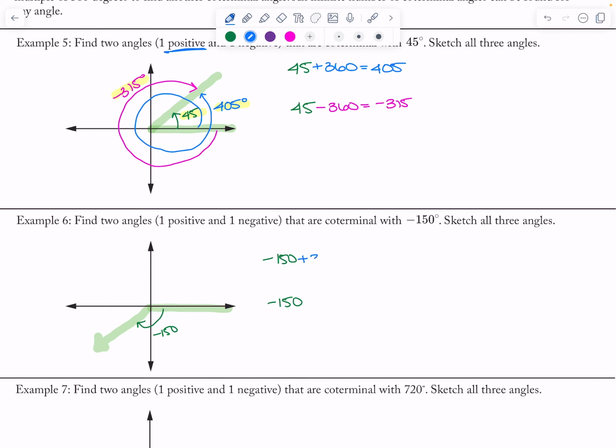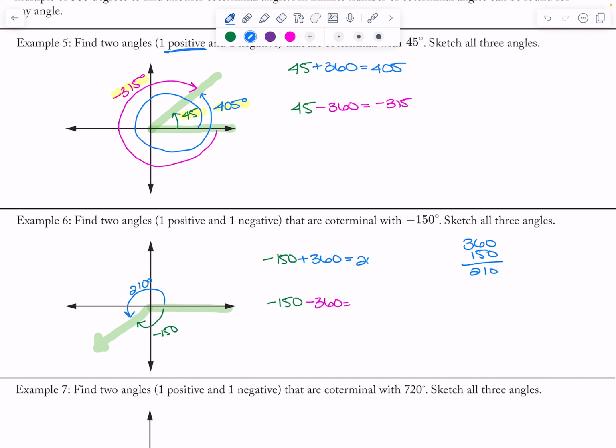So I'm going to add 360. That's coterminal. And again, if you have an issue with arithmetic horizontally, you could just write it out. So this would be positive 210 degrees.